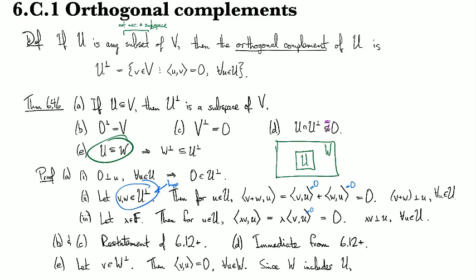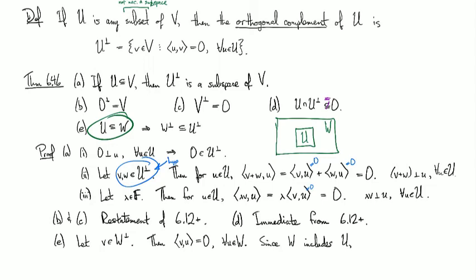So if V is orthogonal to all of this, then in particular it's orthogonal to all of this as well. So since W includes U, we have that V is orthogonal to U, which puts us in U perp. Cool. Okay, so that wraps that up. The end.